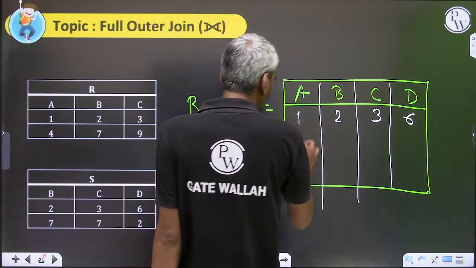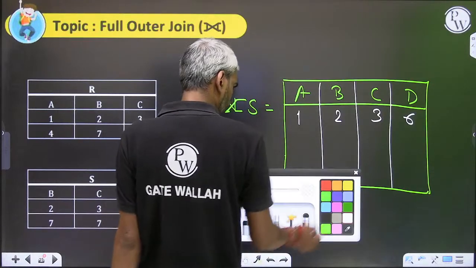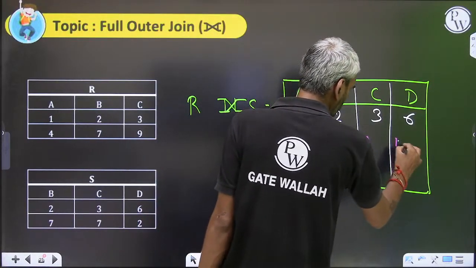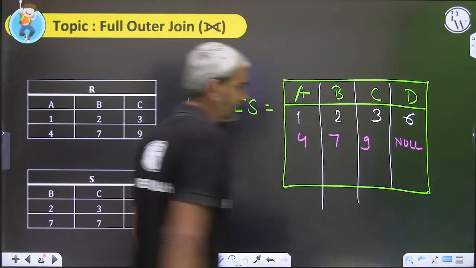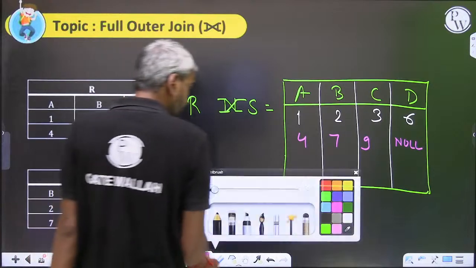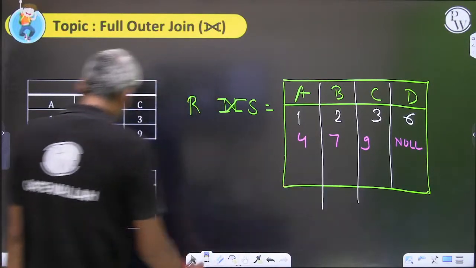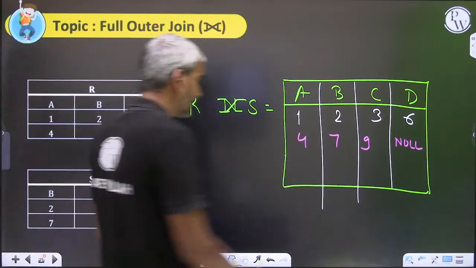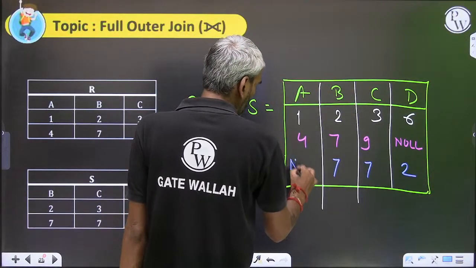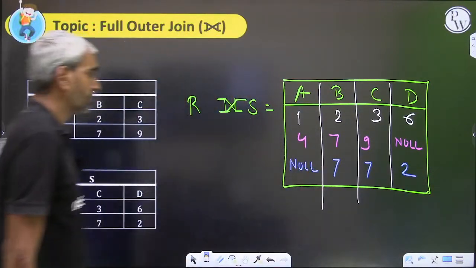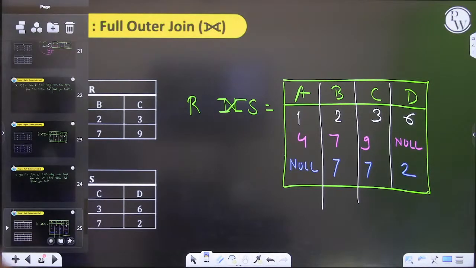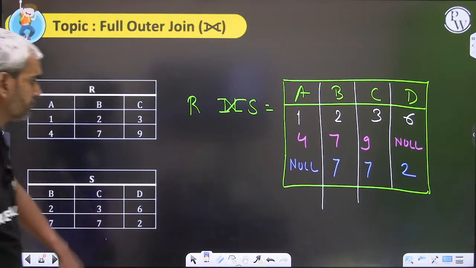Therefore, 4, 7, 9 will be from the left hand side relation, and with respect to 4, 7, 9, the value of D will be null. And with respect to the right side relation, we will have 7, 7, 2, and with respect to that, the value of A will be null. Clear?